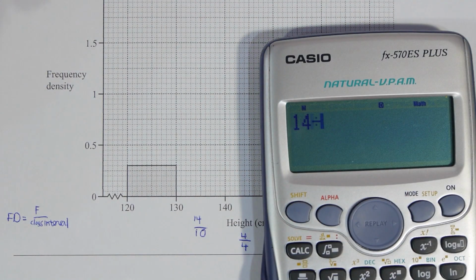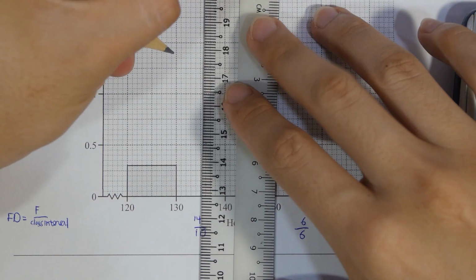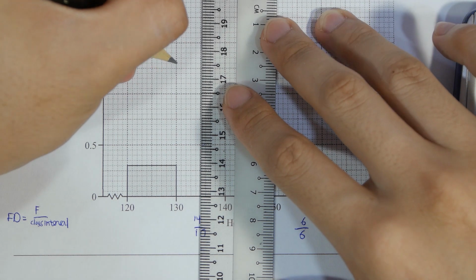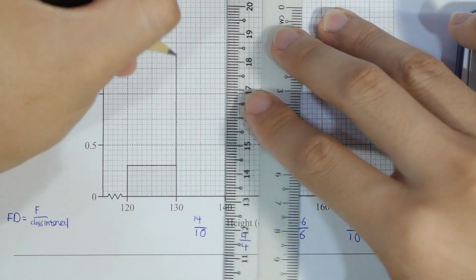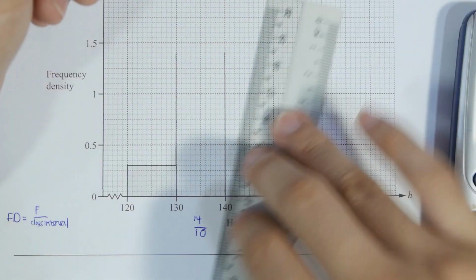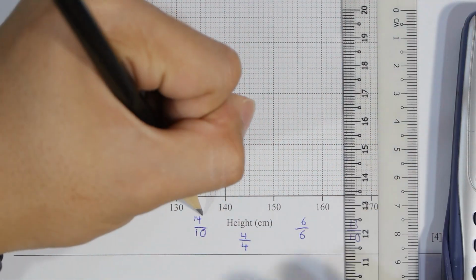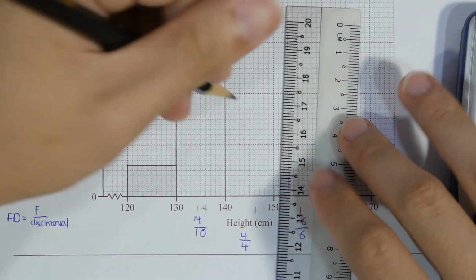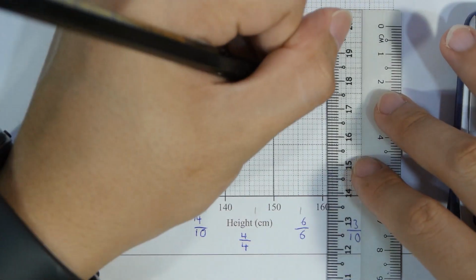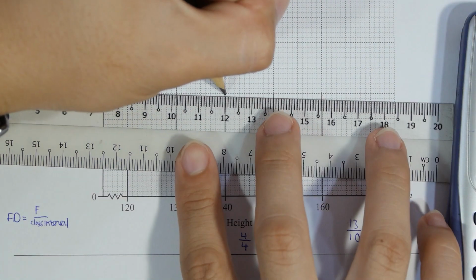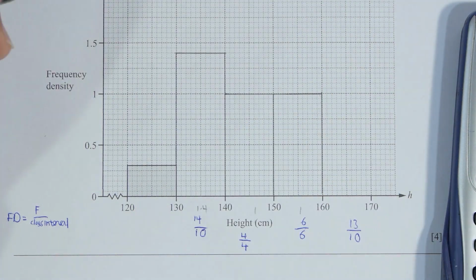So there's no change in the frequency density. So simply take the remaining frequency divided by its respective class interval, then you'll be able to construct the histogram. I've already included the values calculated, which are 1.4, 1, 1, and 1.3.